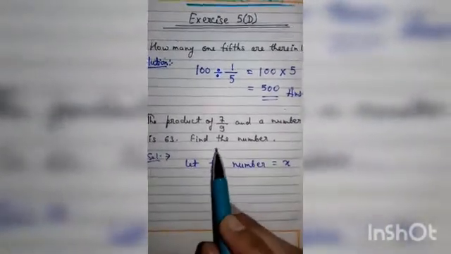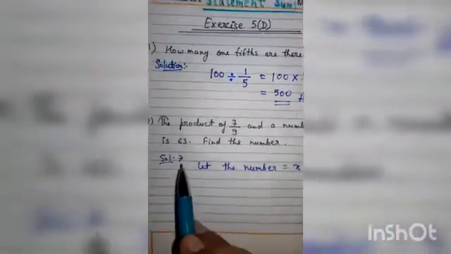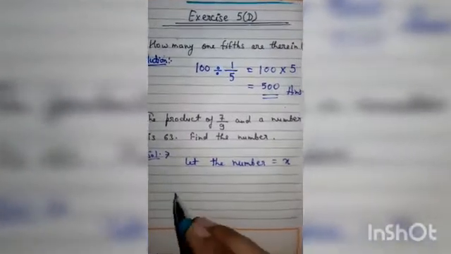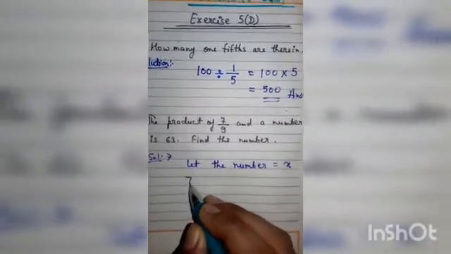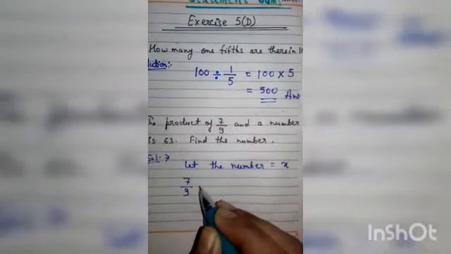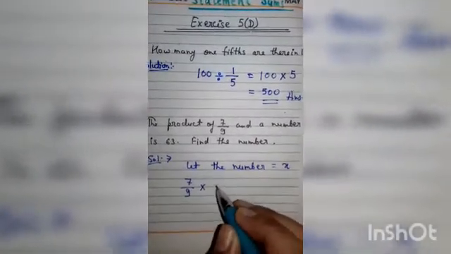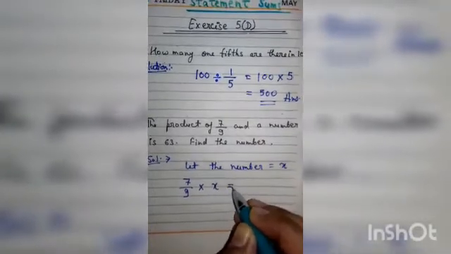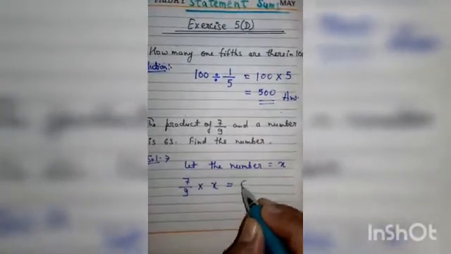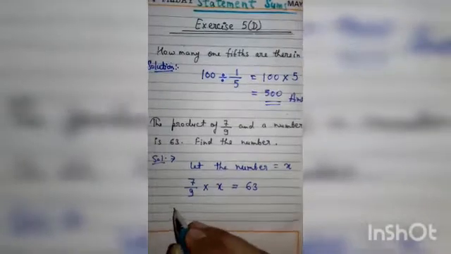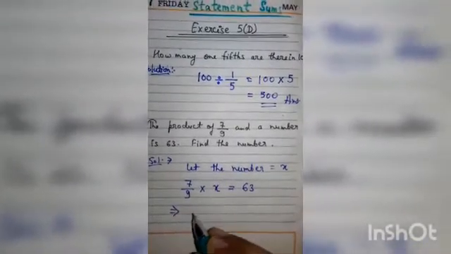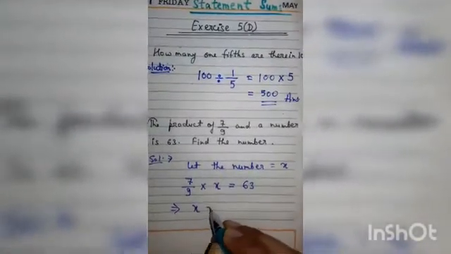Here, the product of 7 by 9 and a number, that is x, is equal to the value of the product, 63, given. So now find the value of x.